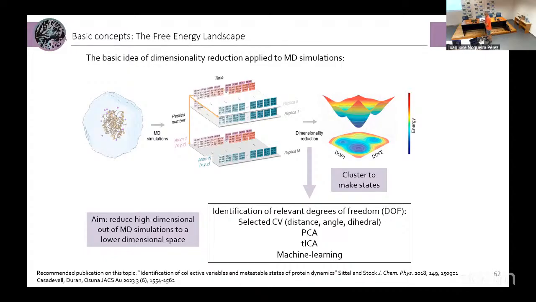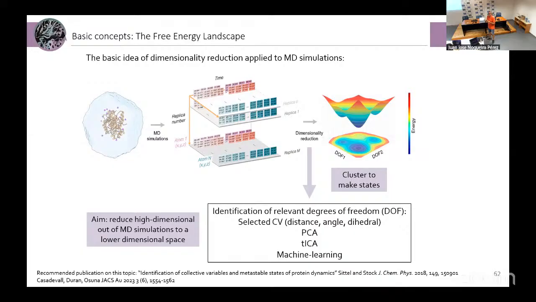What I mean is, when we run molecular dynamics simulations, what are we generating? An ensemble of conformations along time, right? How the coordinates of all the atoms of the protein evolve during 100 nanoseconds, 1000 nanoseconds, or 1 microsecond. What to do with all this data?